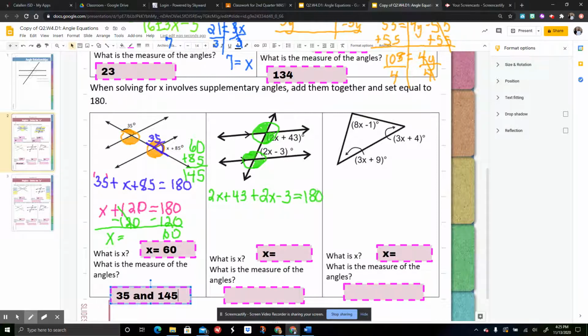So I have several things that can be combined on the left. First, I have 2x plus 2x. That gives me 4x. Then I have 43 minus 3, which is 40. And that still equals 180.